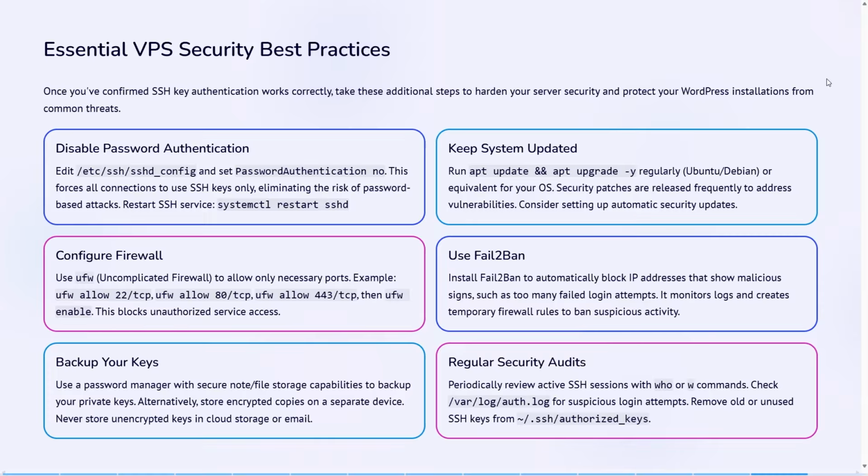For example, port number 22 is required by SSH. Ports 80 and 443 are required by your websites for serving the websites. Additionally, install fail2ban so that you can automatically block IP addresses that are showing some malicious behavior. Maybe they are trying to brute force their way into your server, or different kinds of attacks.